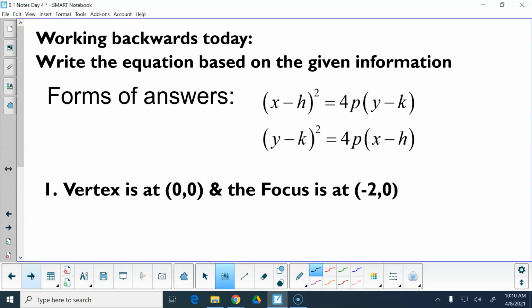Now, the forms of your answers are going to be the standard forms of the two different kinds of parabolas. This first one is for up-down parabolas. And remember, if it's down, this 4p value is negative. The other one is for left-right parabolas.